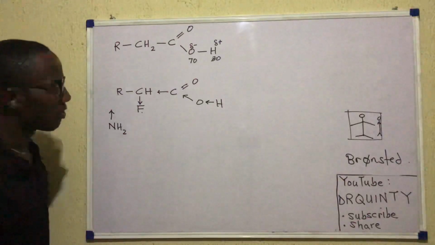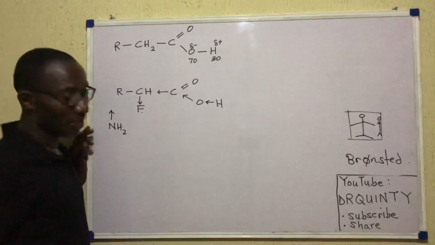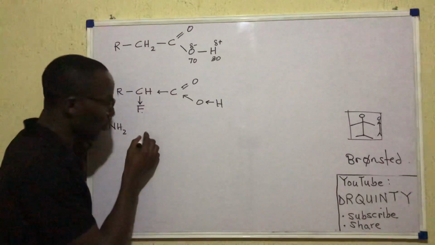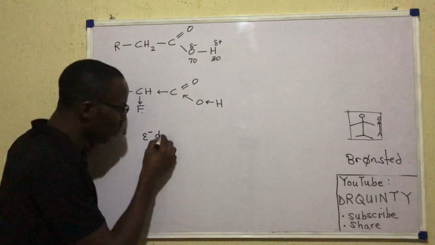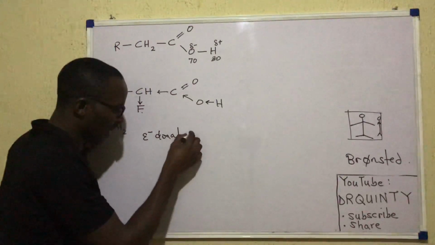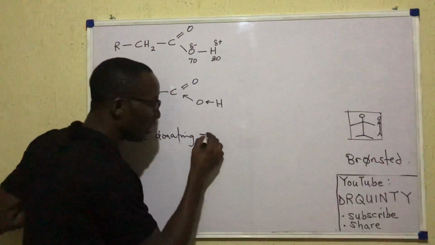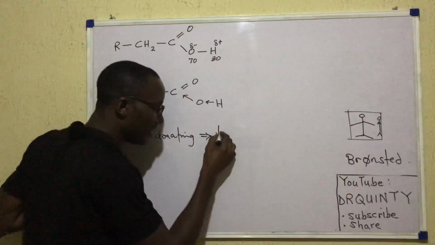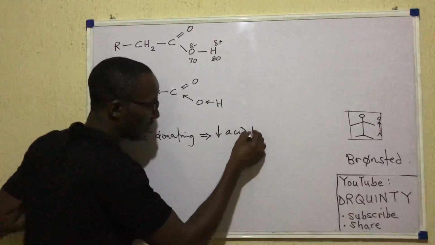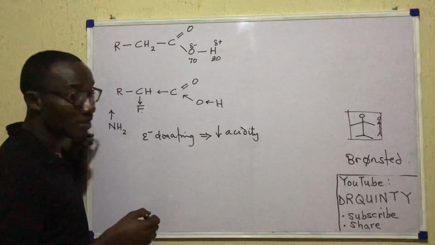So in summary, when you have an alkanoic acid like this, and you introduce an electron donating group like NH2, then that will lead to a decrease in acidity or in acid strength.